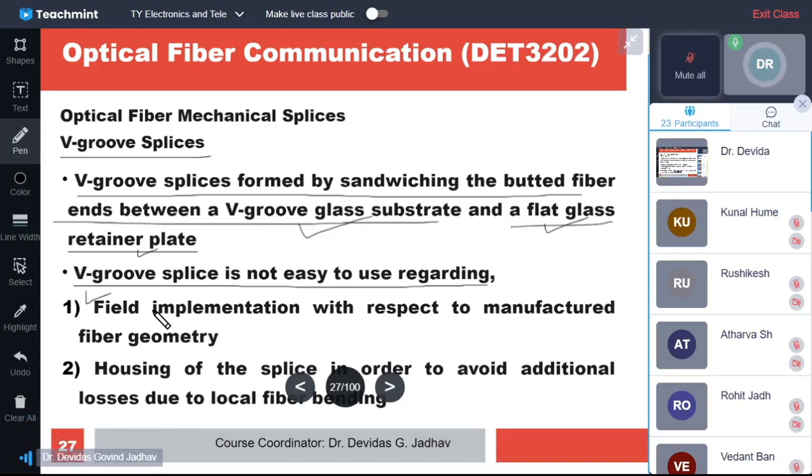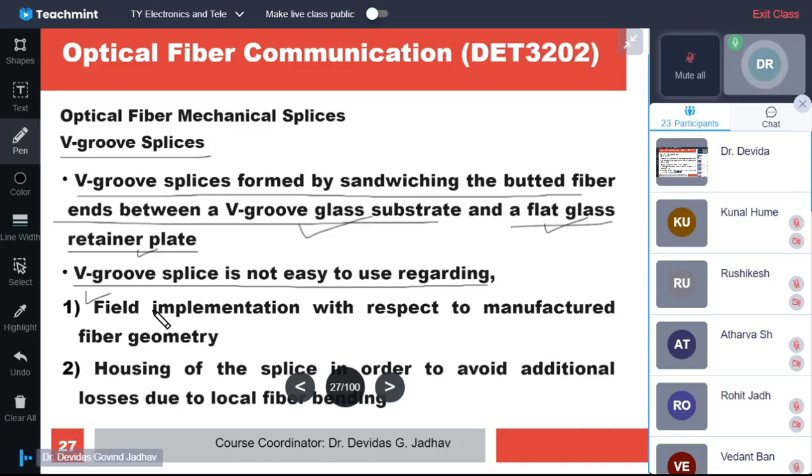Because field implementation with respect to manufactured fiber geometry is difficult, and the housing of the splice to avoid additional losses due to local fiber bending is also one of the problems.